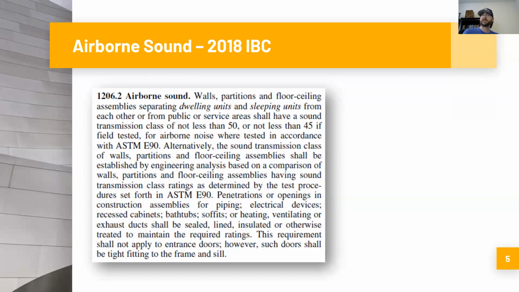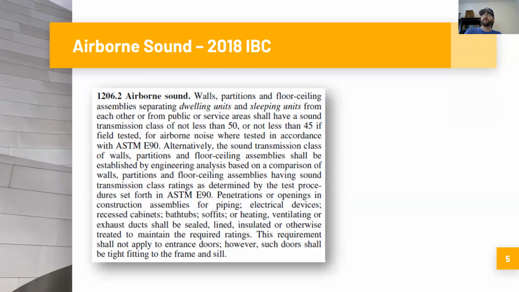So there's a little bit less control there. And so the code gives you essentially a 10% tolerance to meet that code minimum. If you design it to STC 50, and in the field you test it and it hits only 45, that would be compliant with this code minimum.